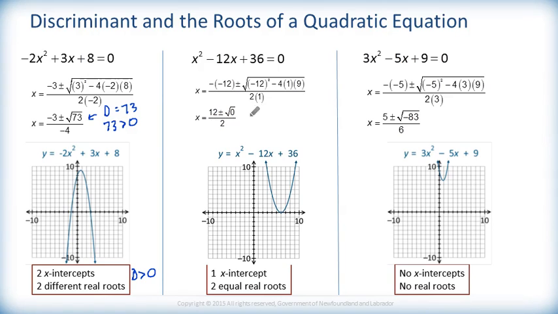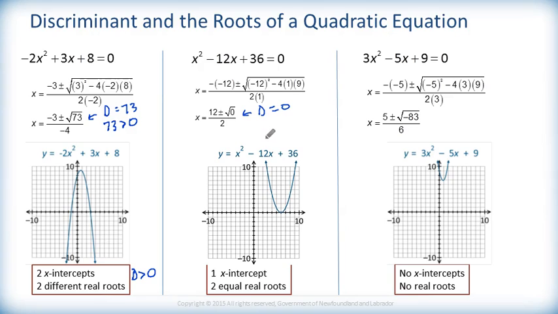So if we were to break that up into our two cases, we would have 12 plus 0 over 2 and 12 minus 0 over 2. Well, adding 0 and subtracting 0 makes no difference.